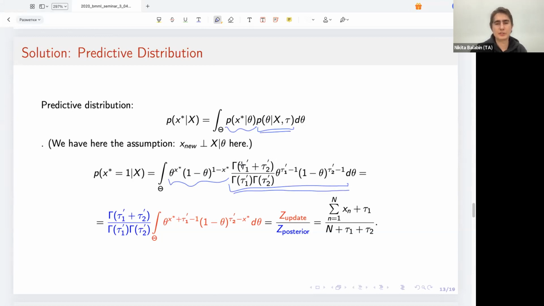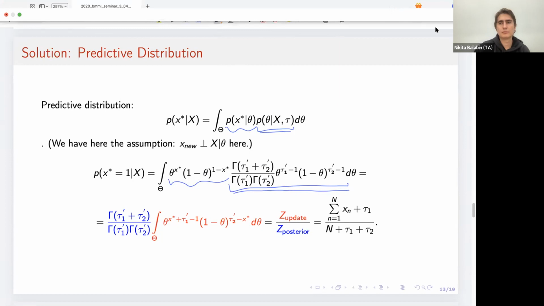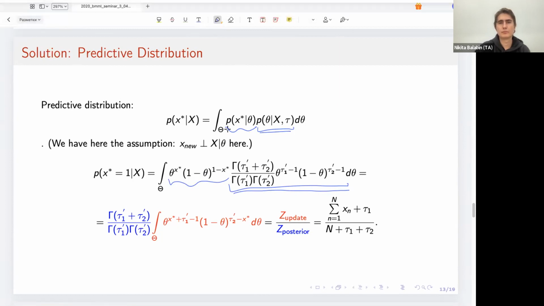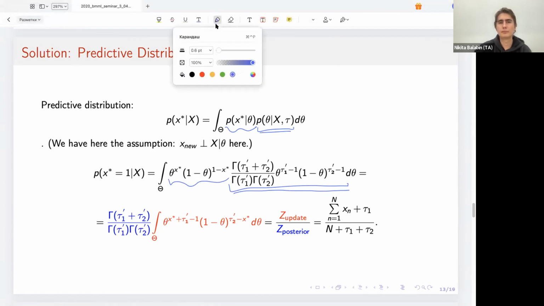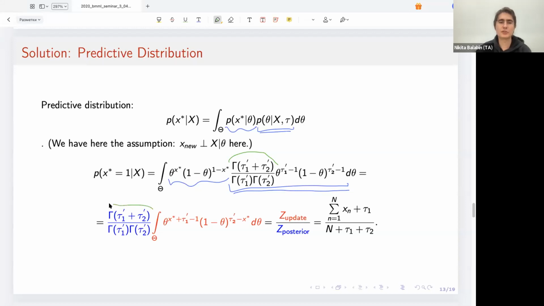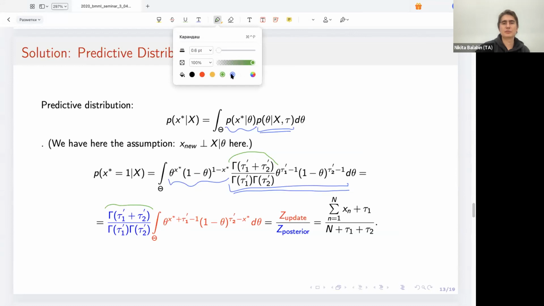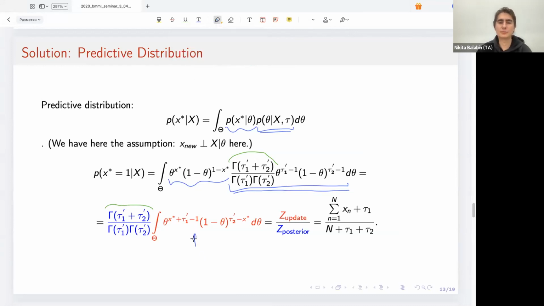And we see that this term can be extracted from the integral, and under the integration, we again have the beta distribution.